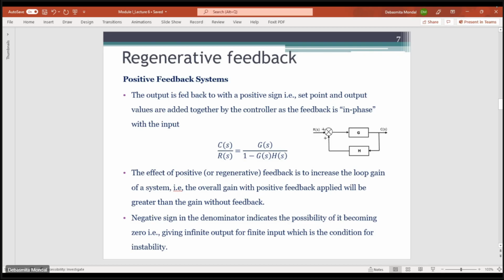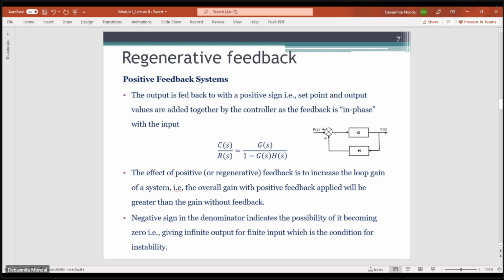The output is fed back with a positive sign, so the set point or reference input and the output values are added together, and that summation is fed to the controller. So the feedback is basically in phase with the input. This is the diagram of a positive feedback system.